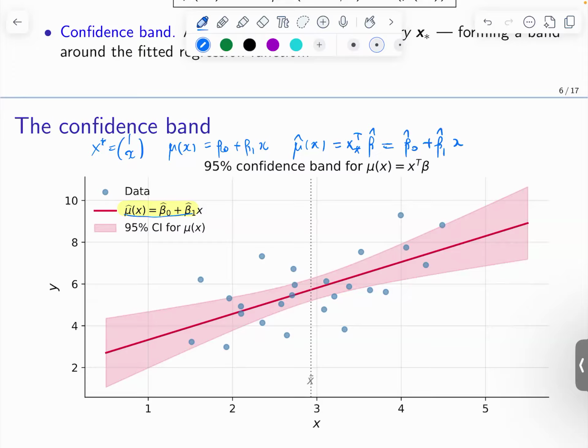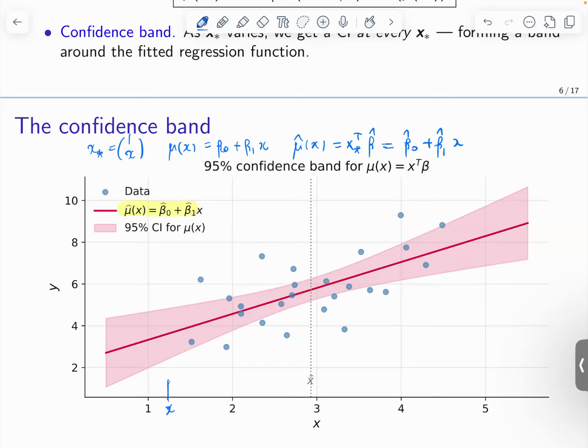So this is really just this line, and that's the red line.